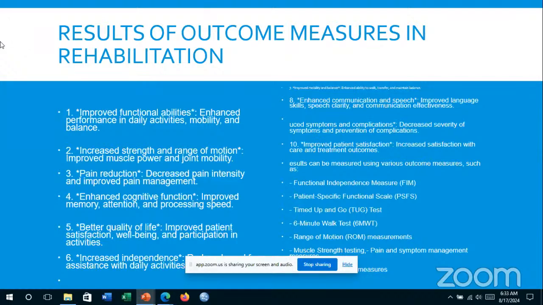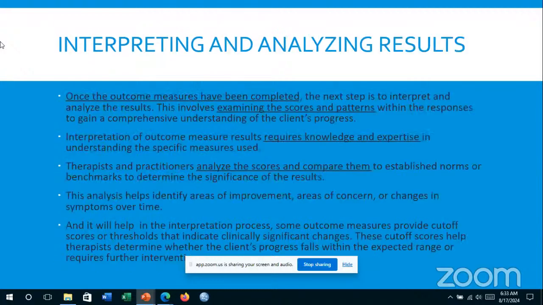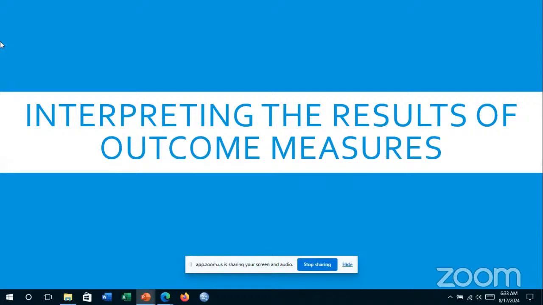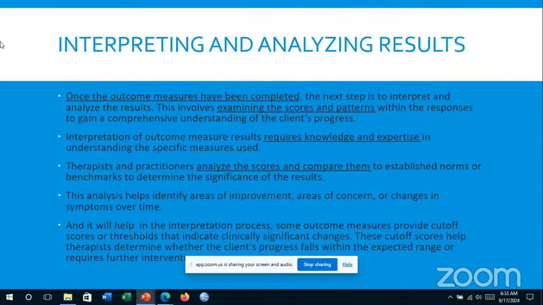Interpreting the results of outcome measures. We just finished with the scoring of standardized outcome measures. Now, about the interpretation of it.